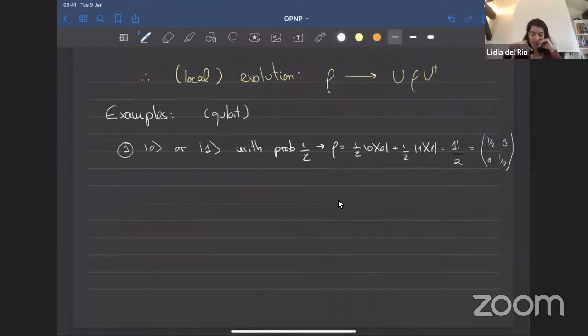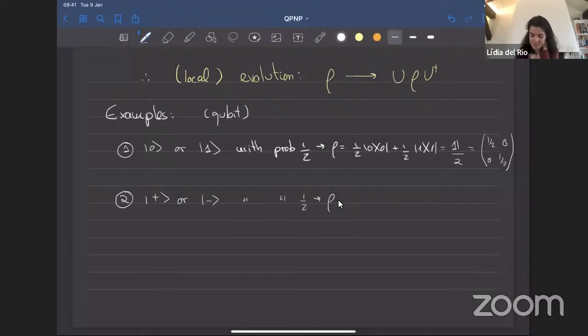And now I buy a second machine. It looks the same from the outside, but in fact, it has a very different behavior. It gives me states plus or minus with probability 1/2 too.